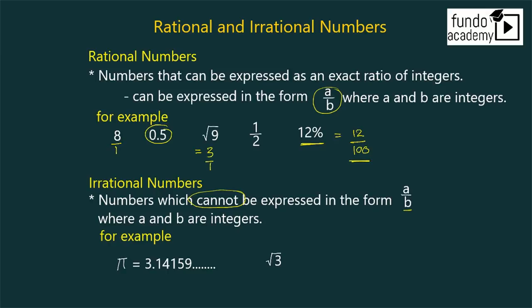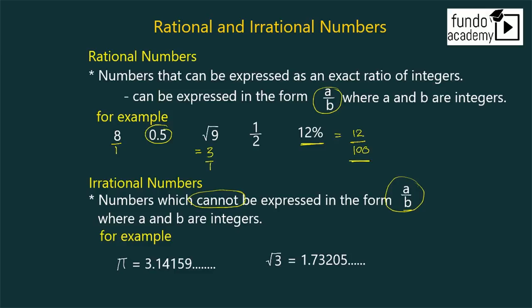If you punch it in your calculator, it comes out something like 1.73205, and it continues to go right to the end of the screen, and this also does not terminate. It continues on to infinity. So it's another example of an irrational number. It cannot be expressed in the form a over b in any way, where a and b are integers.